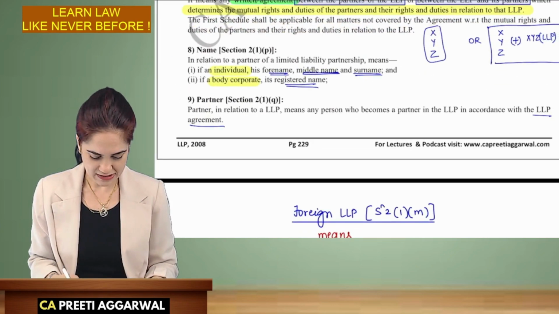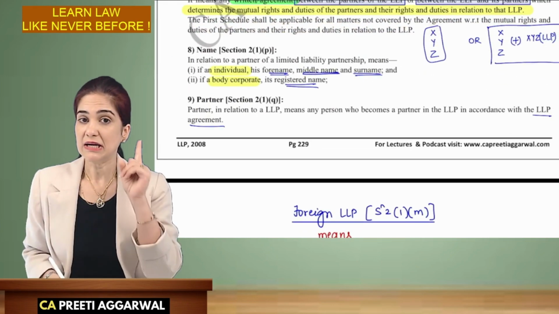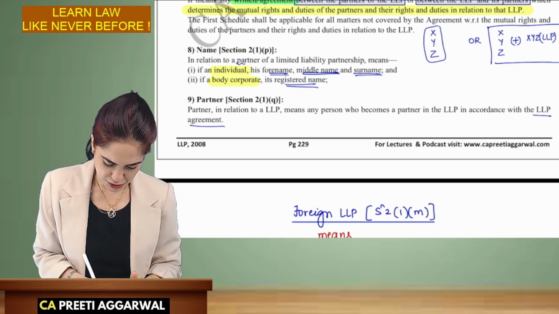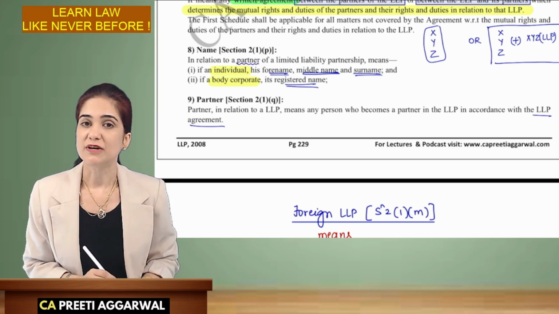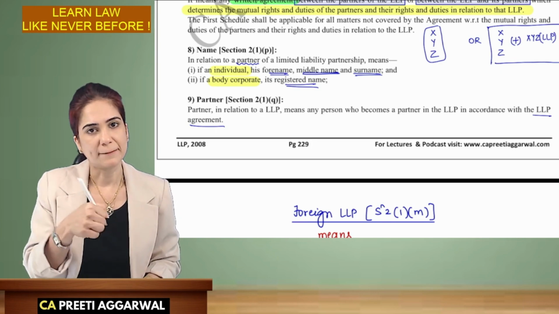Name. As far as the name of the partner is concerned, this definition is in relation to the partner. We are not talking about the name of the LLP. We are talking about the name of the partner.